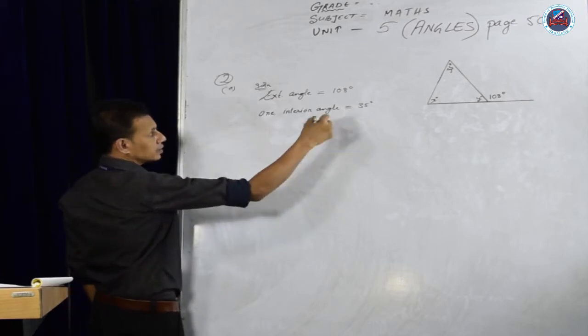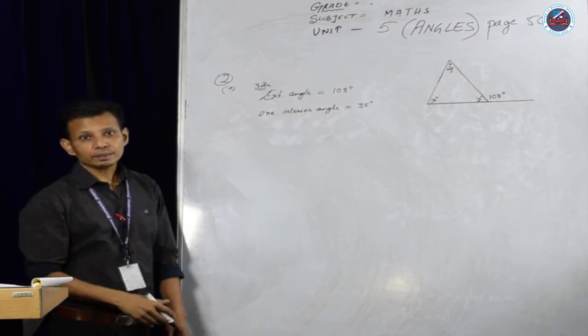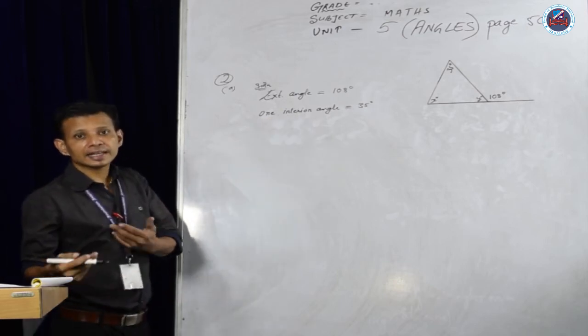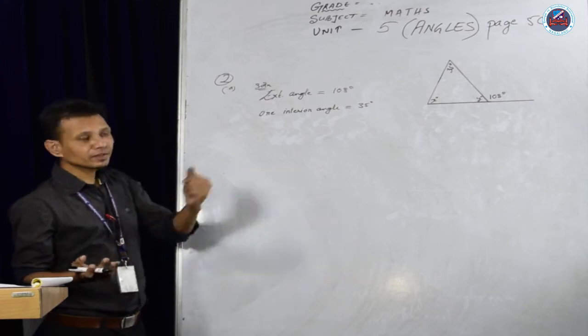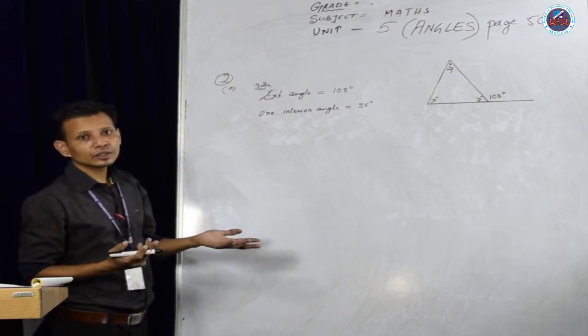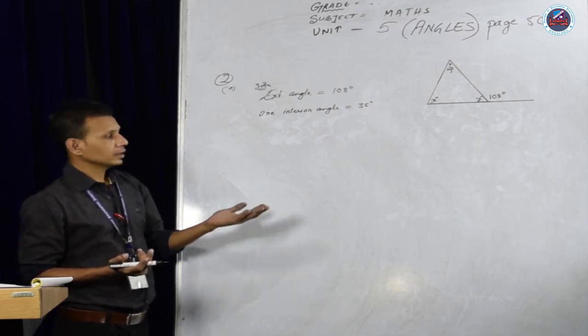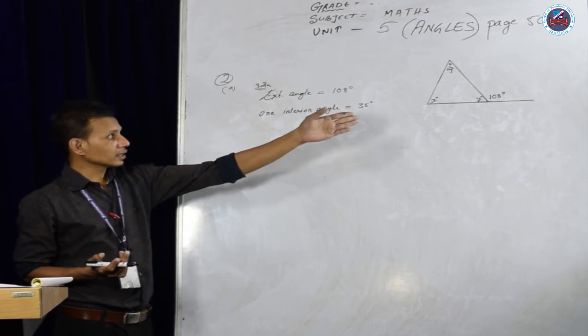Okay, since you are assuming x and y by yourself, say let. It is not given in the question. X and y is not given in the question. You just say, let the other two interior angles be x and y. It's not always necessary that x and y have to come there.